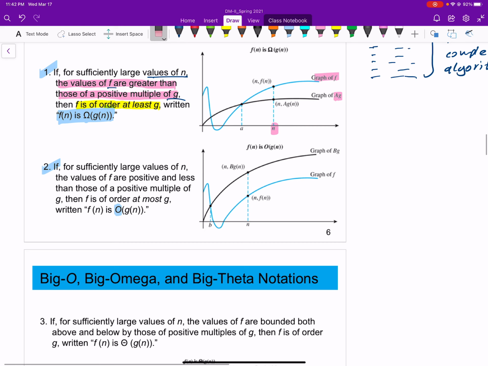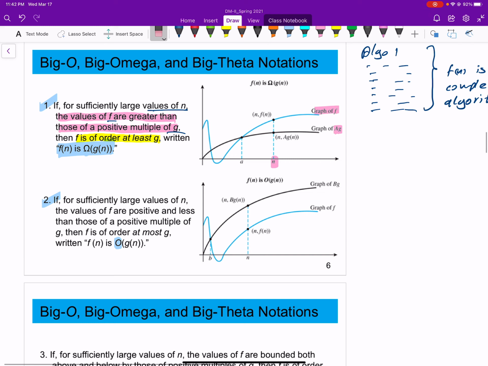And then go to the big O notation. Same thing happens here. You have an algorithm, and then you have this function for that algorithm, which gives the computational complexity, and then you can find a function g. b times g is always greater than f for some sufficiently large n, which is given right here.